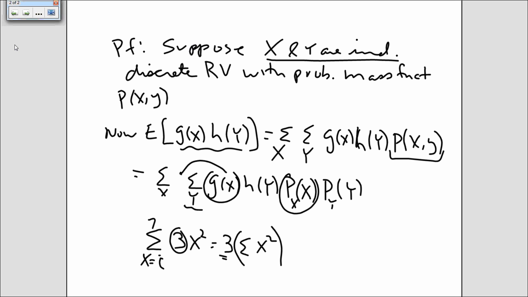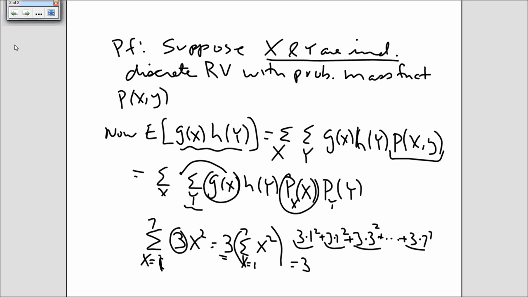And of course, x goes from 1 to 7. x still goes from 1 to 7. In the first case, you'll get 3 times 1 squared plus 3 times 2 squared plus 3 times 3 squared, all the way up to 3 times 7 squared. But each one of these terms has a 3 in it.